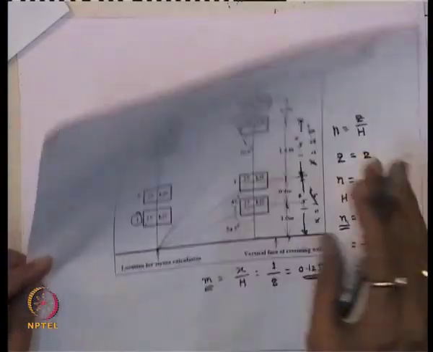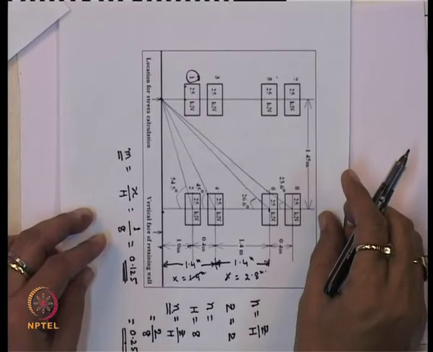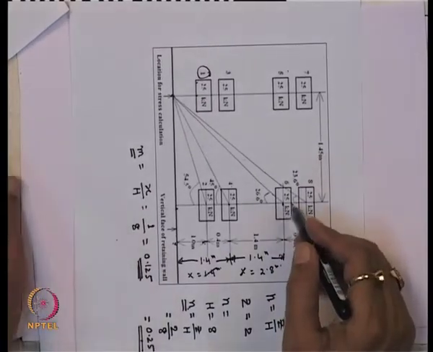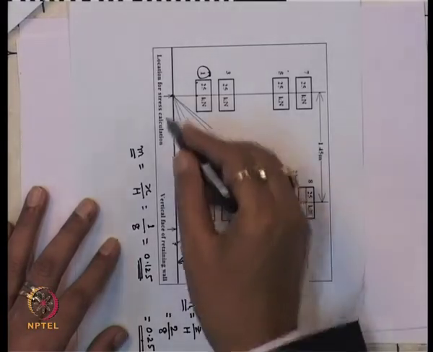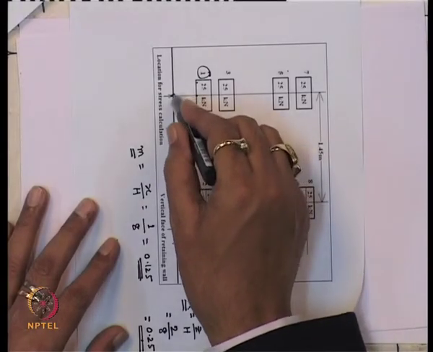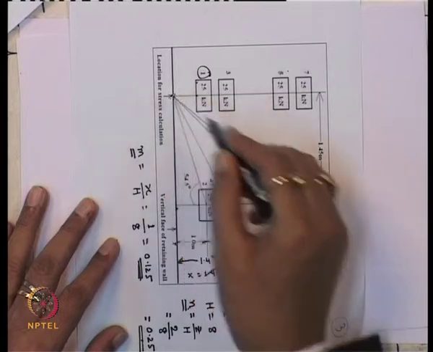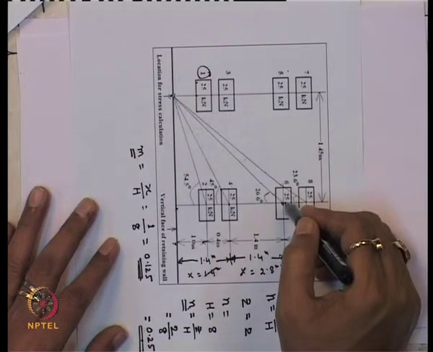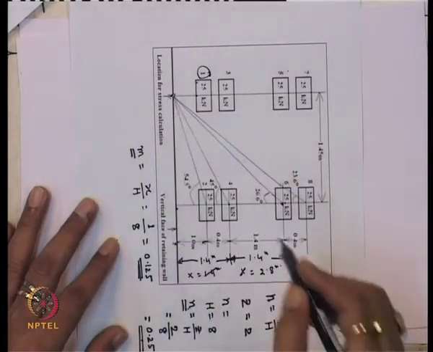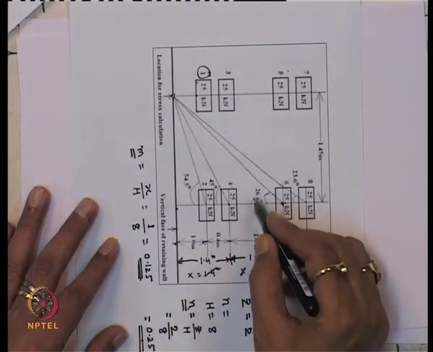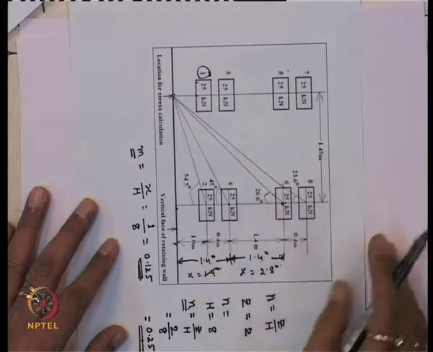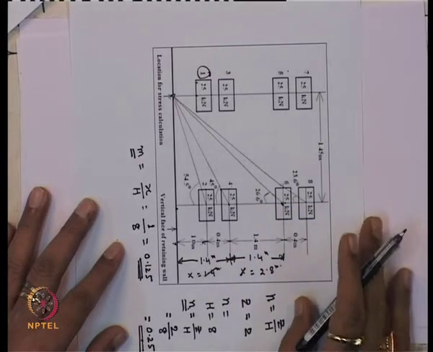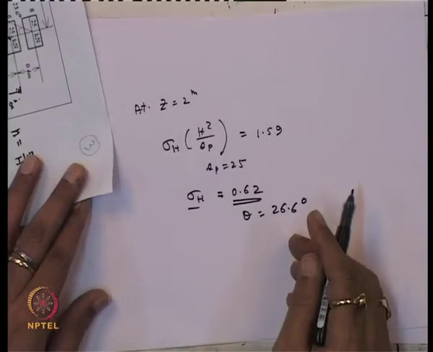You can see here wheel 6 is located here, and we have to find out the stress for wheel 6, which is making an angle, let us say theta is equal to 26.6 degree. So this angle is 26.6 degree.